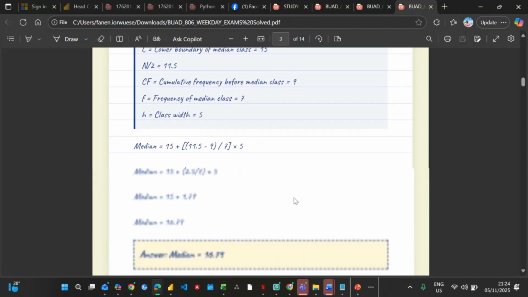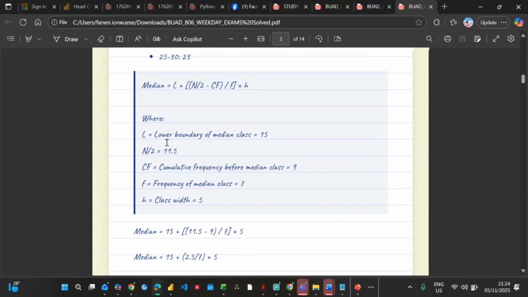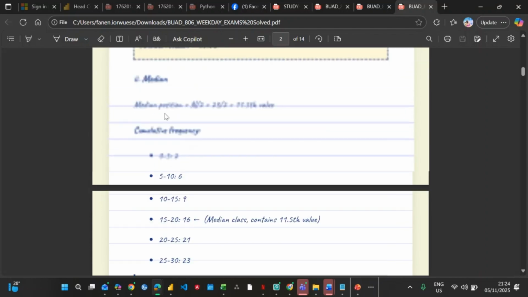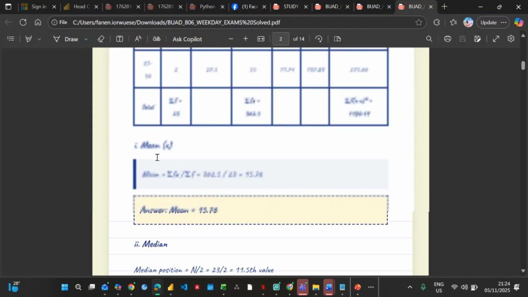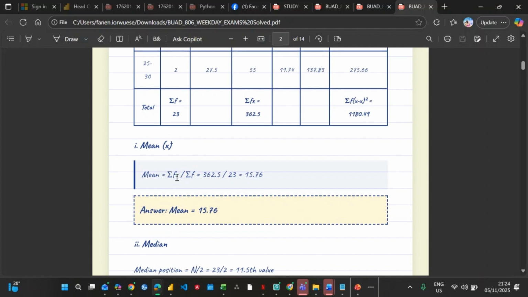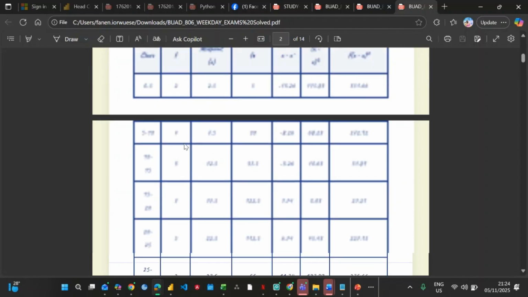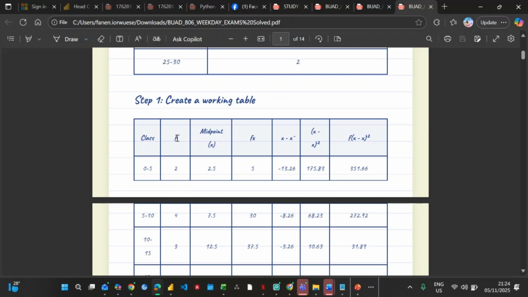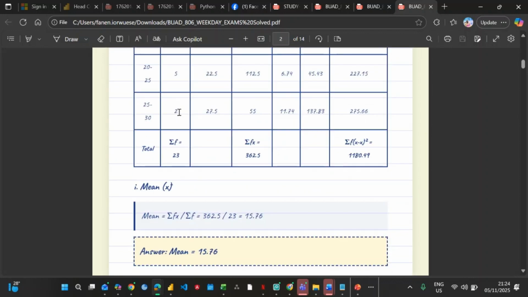Exactly. So for you to get that, I will show you a formula that can help you. So for you to calculate your mean, remember you have to do sigma fx over sigma f. So it's just a summation.